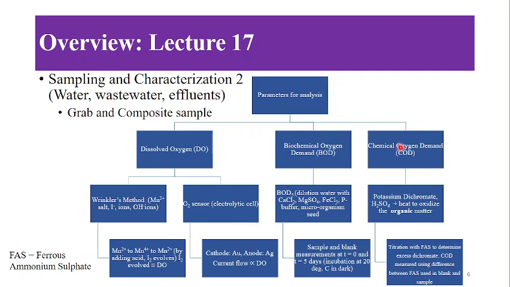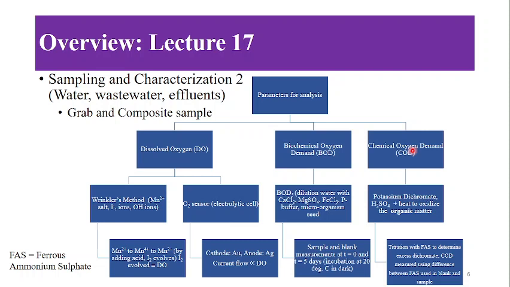Chemical oxygen demand is measured through the reaction between potassium dichromate and the organic matter present in the samples. Earlier someone had asked whether COD is used to characterize the organic content or the inorganic content as well. Basically, potassium dichromate can oxidize inorganic matter as well.